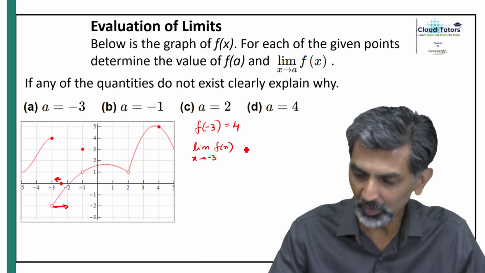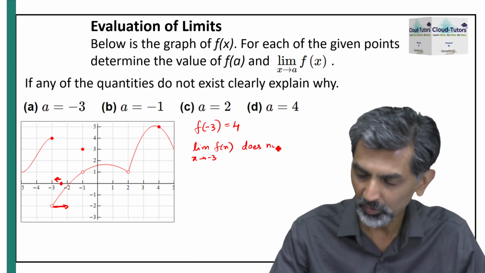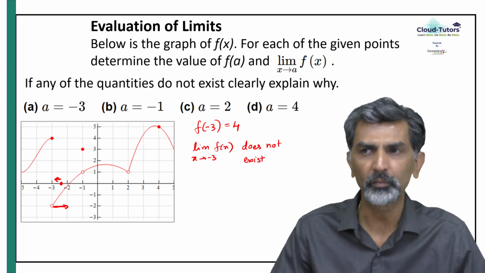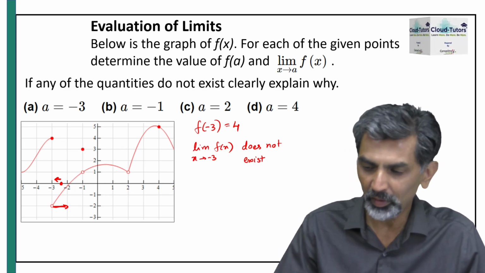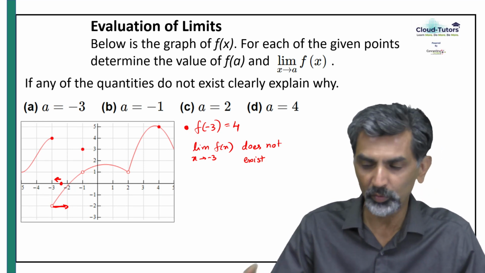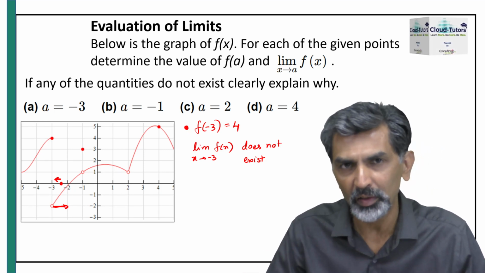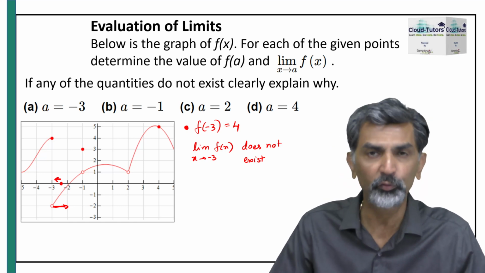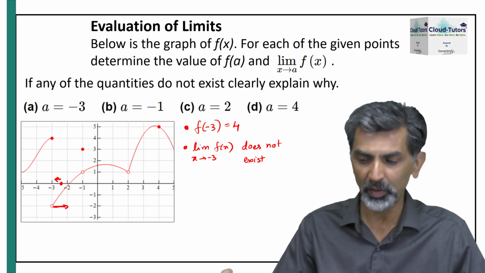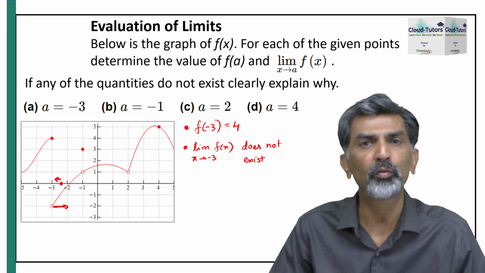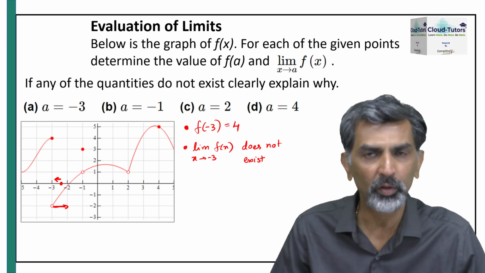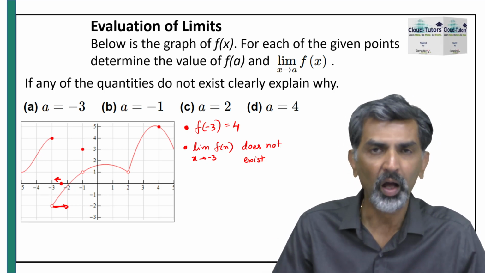And therefore we say limit does not exist. And it's very important to realize that while the function is defined according to the graph, f of negative 3 is defined and it's 4, but the limit of f of x as x tends to negative 3 is not.